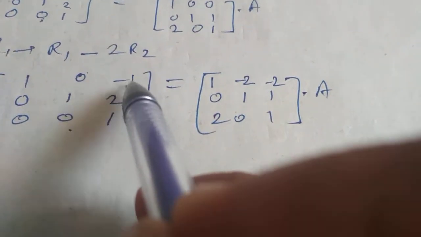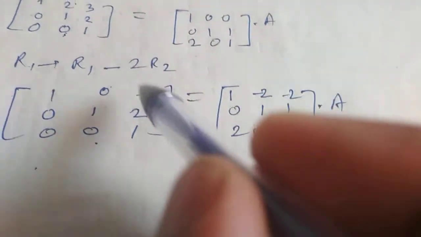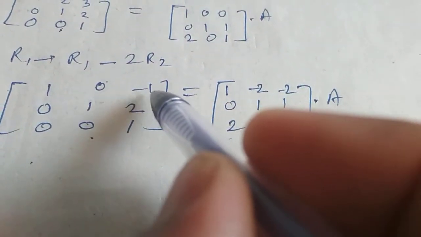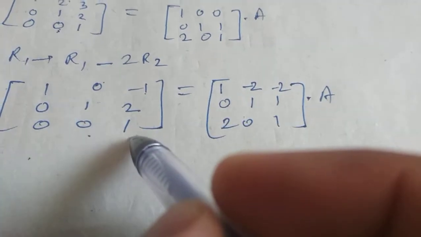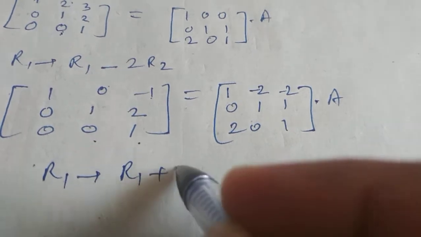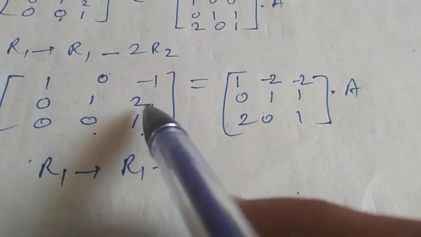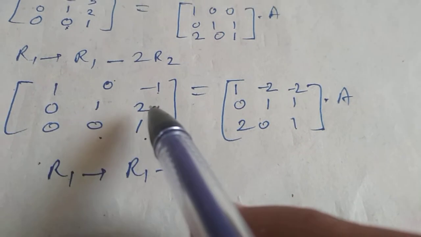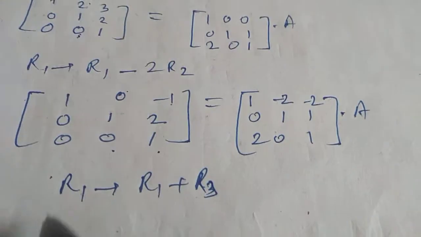Now our next aim is to make these two elements 0. This element can be made 0 easily by applying R1 changes to R1 plus R3, and this element can be made 0 by simply applying R2 changes to R2 minus 2 times R3.